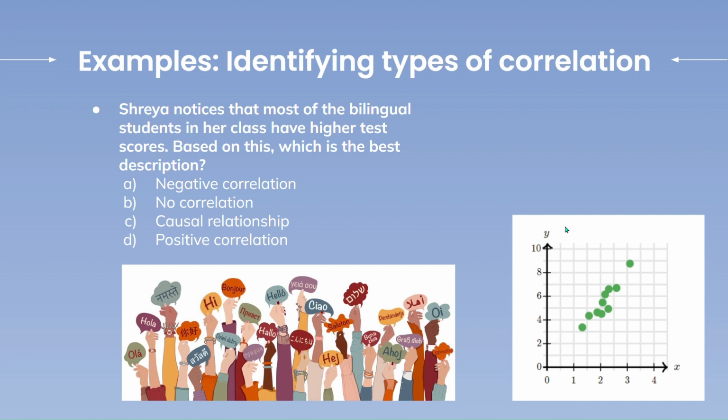And this isn't to say that being bilingual is what causes high test scores, but rather that being bilingual and doing well on a test correlate. And so within this, we know that this would be a positive correlation.